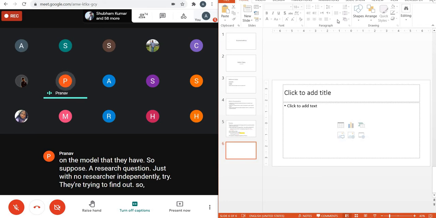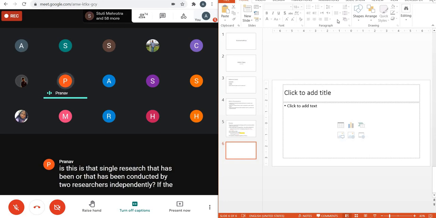So in order to give an empirical content to the economic theory, which is that single research being conducted by two researchers independently, the results that they obtain may differ.